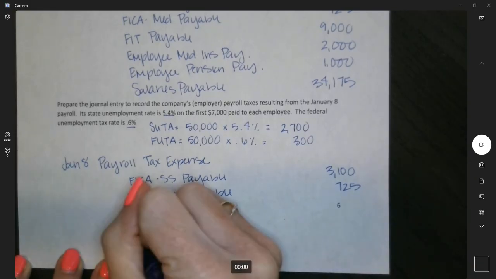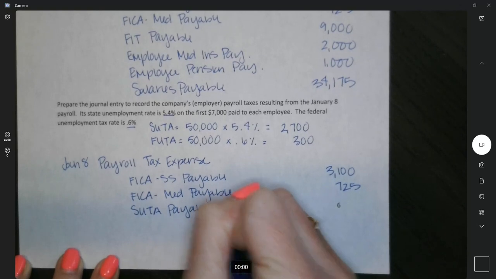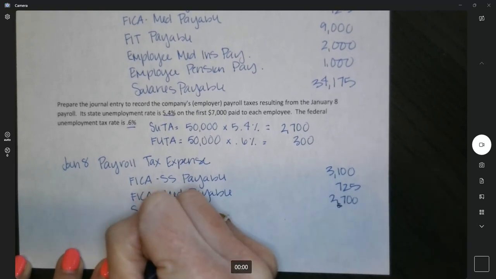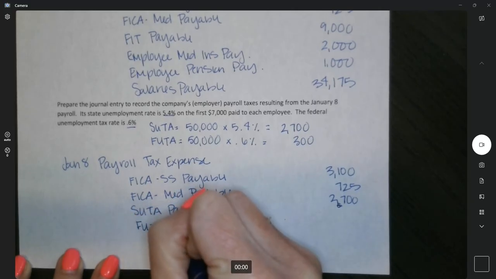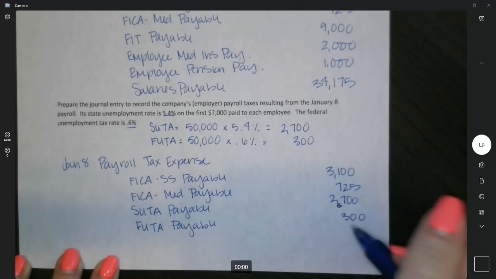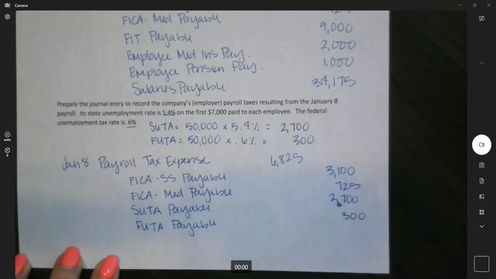Then we've got SUTA payable of 2,700 and FUTA payable of 300. We total all these up, we'll get 6,825 for our debit.